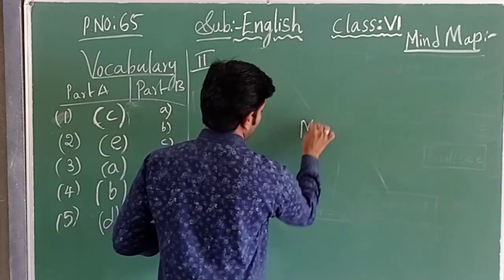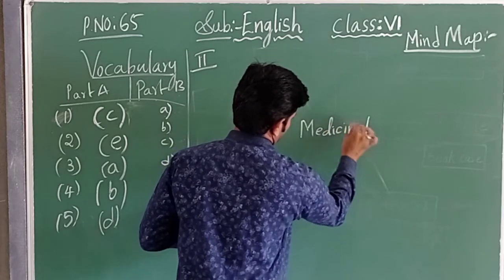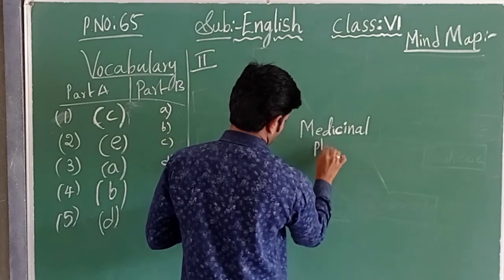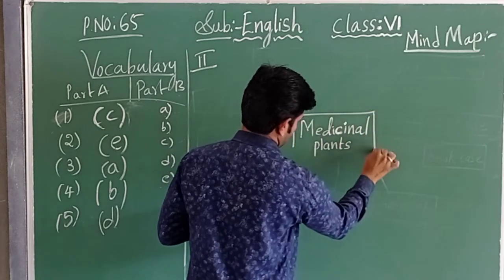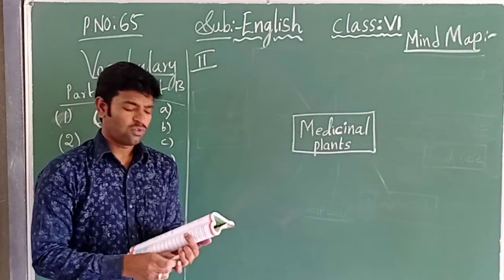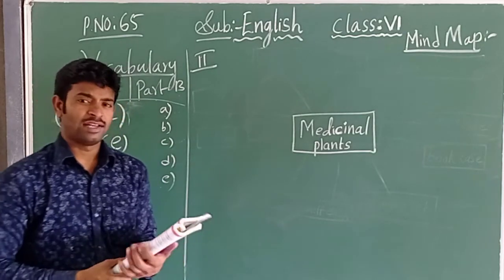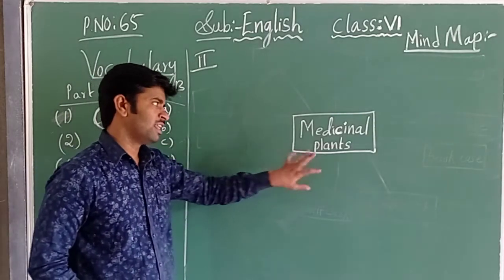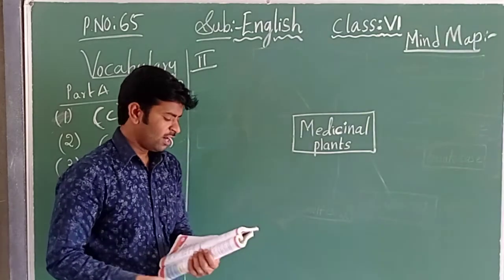See, medicinal plants. Now we are going to write the different names of plants from which medicines are made. Okay. We are going to write the names of the plants in the mind map which give the medicine. Let us go to the first one here.